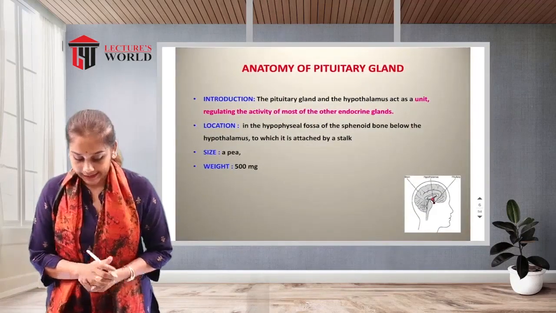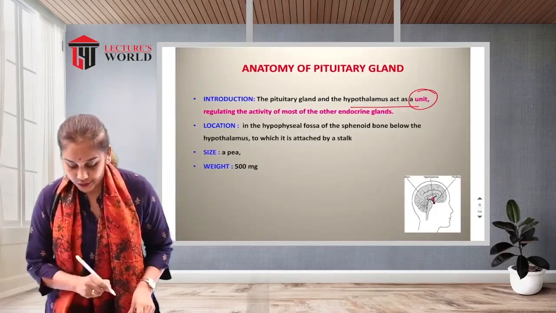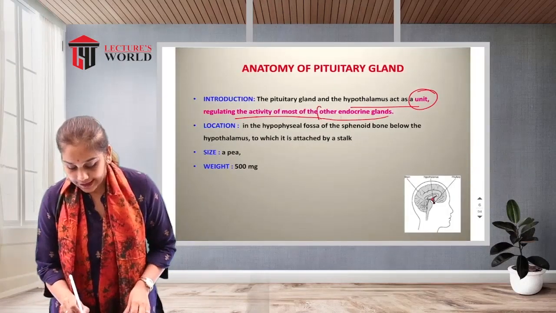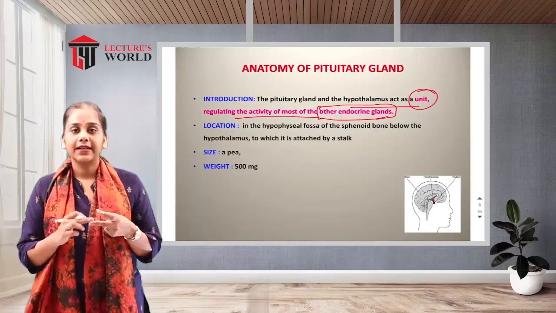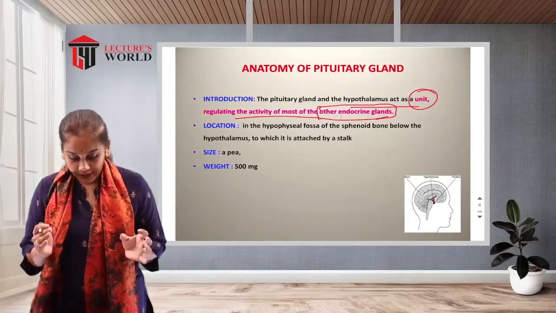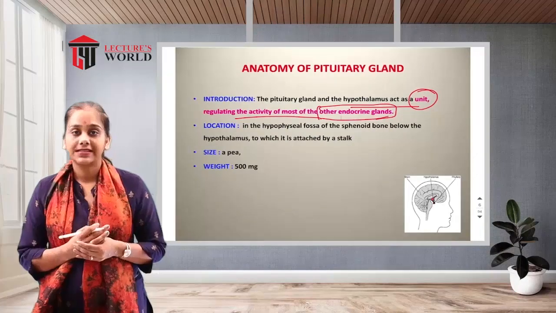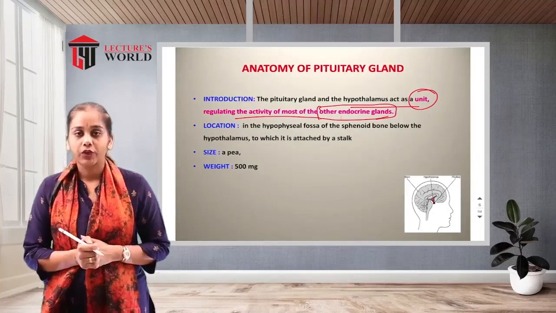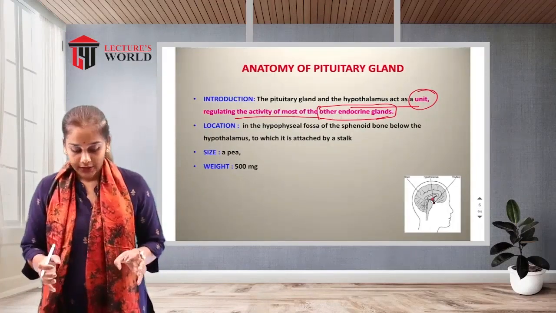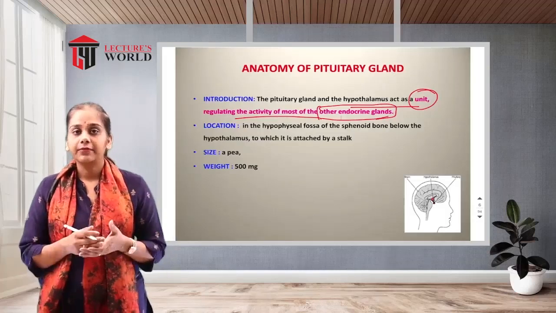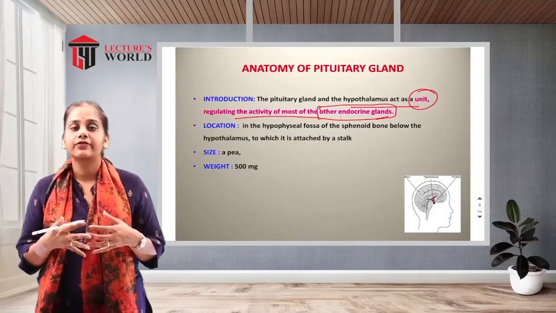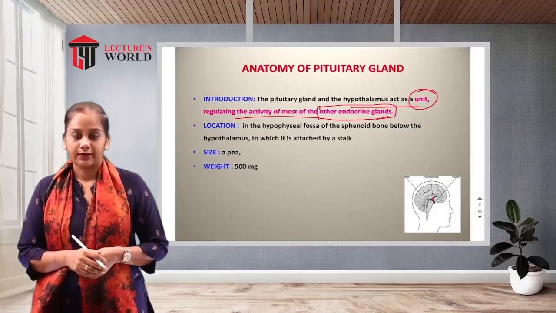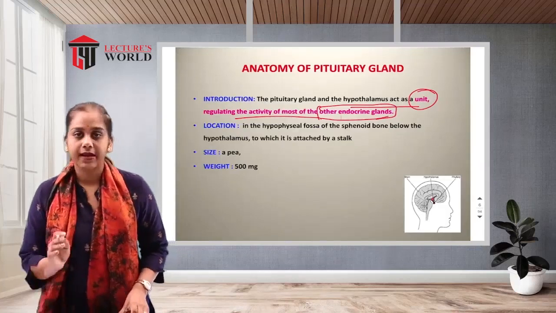The pituitary gland and the hypothalamus act as a unit to regulate the activity of most other endocrine glands. The pituitary gland is a master gland, helpful for the regulation of all the other glands. The hypothalamus and pituitary gland both work as a unit, controlling and regulating the other glands. That's why it is called a master gland.